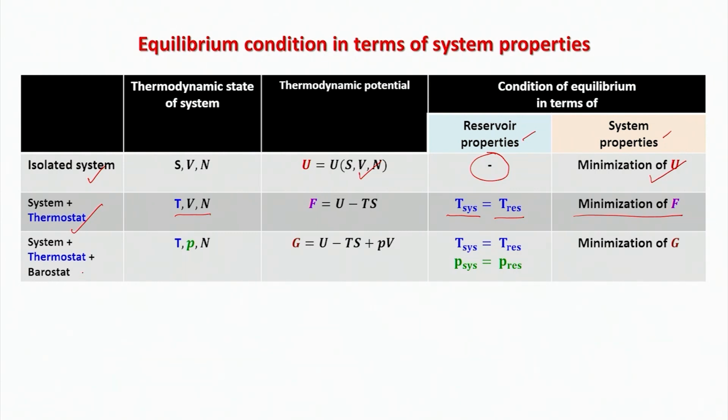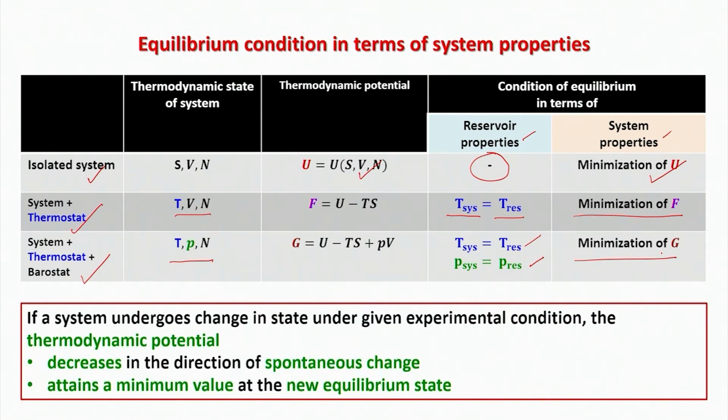Now you see, if in addition to the thermostat, I attach a barostat, and starting from a given equilibrium state, I allow the system to equilibrate in a new equilibrium state, then I find that it does so when the temperature of the system becomes equal to the temperature of the reservoir, and the pressure of the system becomes equal to the pressure of the reservoir, and this would be associated with a minimization of the Gibbs free energy.